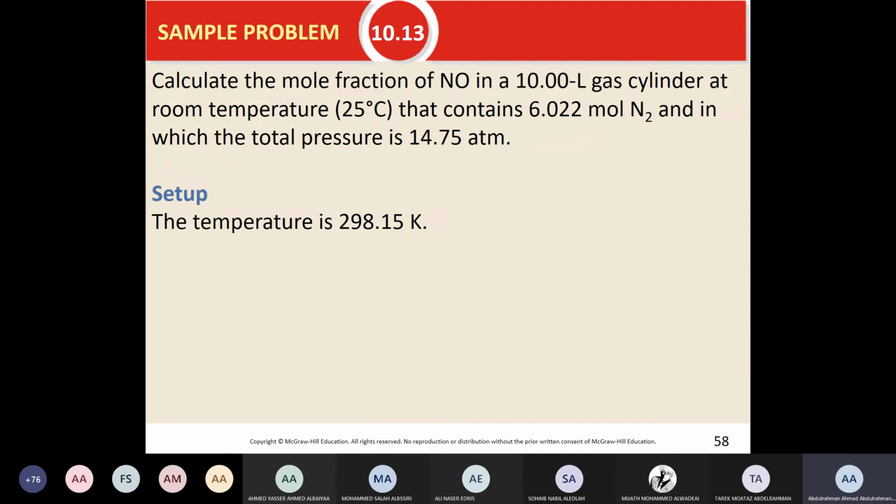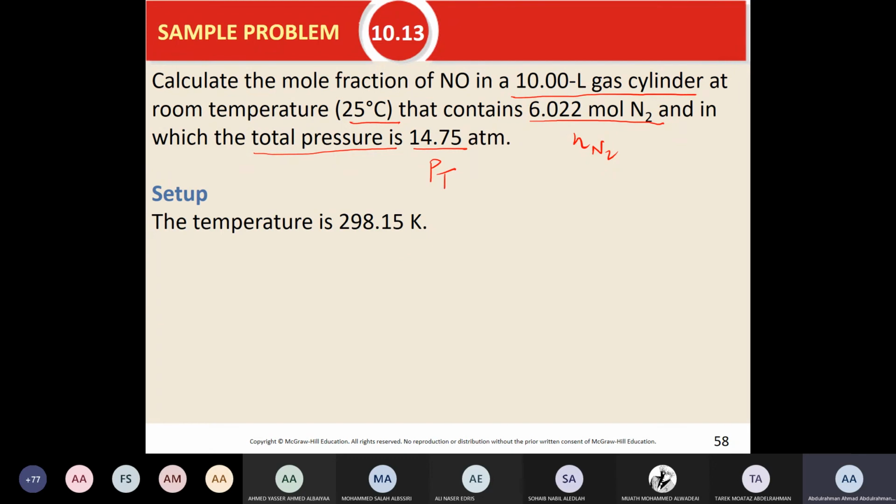Calculate the mole fraction of NO gas in a 10-liter gas cylinder at room temperature that contains 6.022 mole N2, in which the total pressure is 14.75. So we have P total, and we have n of N2, not N total. But we want to calculate mole fraction.